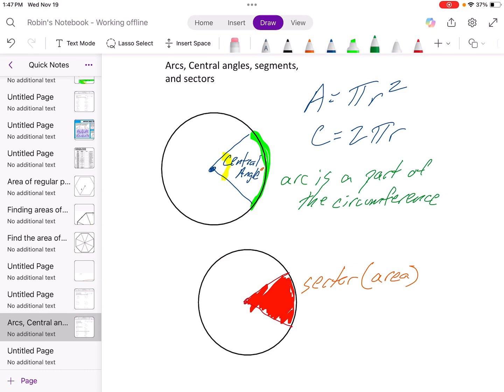Okay, so I have an arc, which is a part of the circumference. I have a sector, which is a piece of pizza basically starting in the center. Right? Okay.